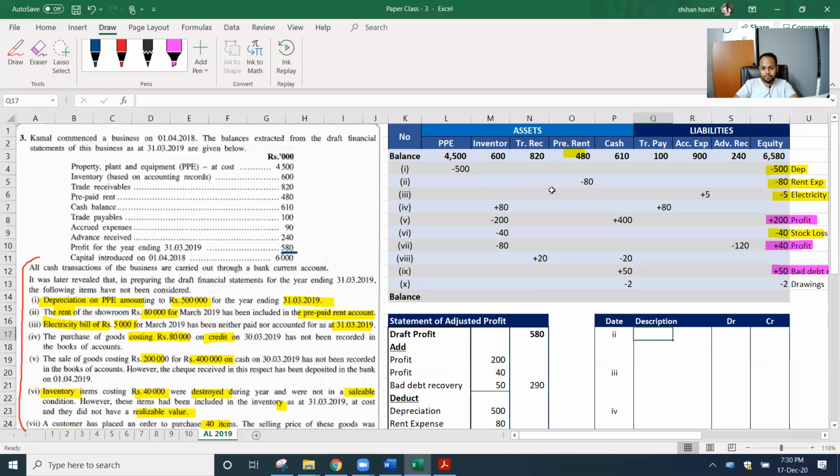Transaction number 2, prepaid rent and equity. The rent of showroom 80,000 for March has been included in the prepaid rent account. So we have to credit the prepaid rent account and rent expense account. Expense account debit $80,000.